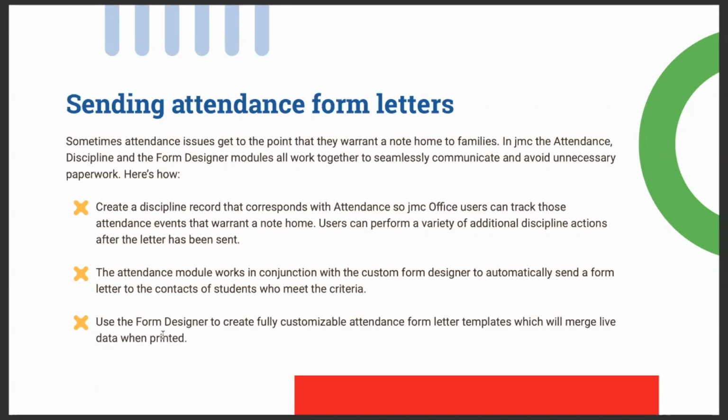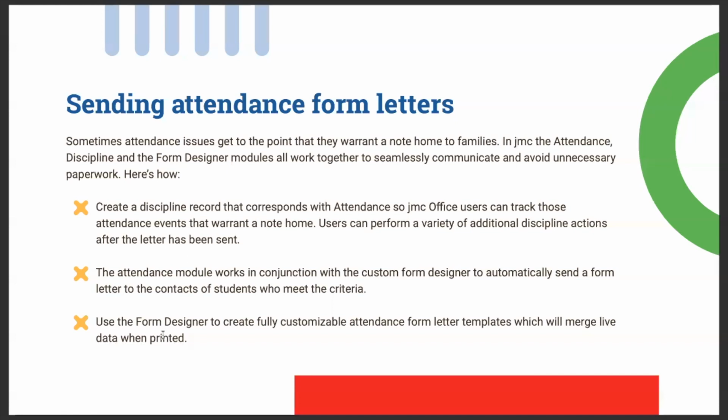Users can perform a variety of additional discipline actions after the letter has been sent. The attendance module works in conjunction with the custom form designer to automatically send a form letter to the contacts of students who meet a specified criteria, whether it be 3 absences or 5 absences or 10, or 5 tardies, or whatever you want to set as your criteria.